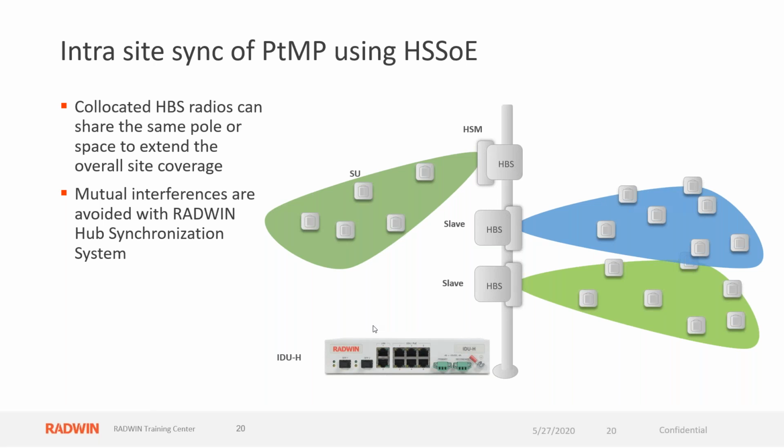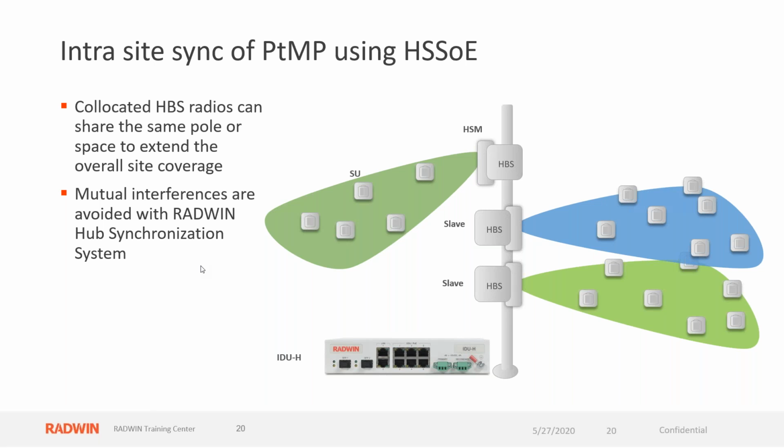It can be IDOH, and synchronize the other devices on the same tower. Collocated HBS radios can share the same pole or space to extend the overall site coverage. Mutual interference is avoided with RADWIN's synchronization system. One of them is the master, the others are clients, and this is how to synchronize point-to-multipoint in a tower where the base stations are deployed.